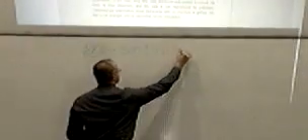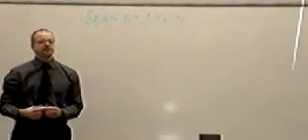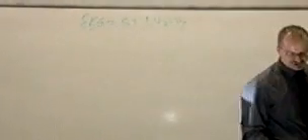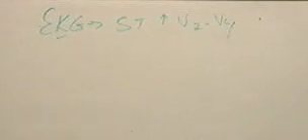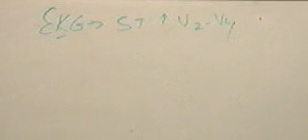So they say the EKG shows ST segment elevation in V2 to V4. They hand you ST segment elevation in V2 to V4, and they say, what is the next best step in the management? What are you going to do now, Doc?